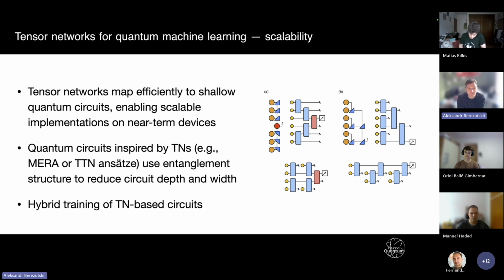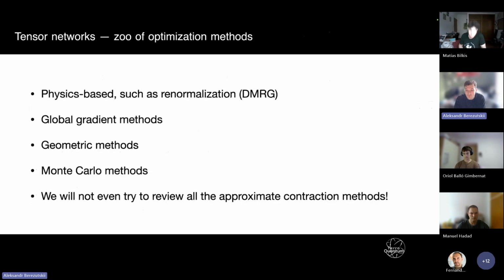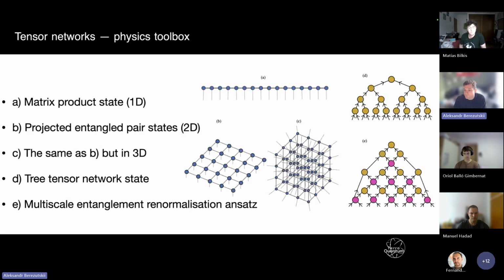For example, in one of my previous papers where we used tensor networks for simulation, we used this model, I'm sorry, I don't think you see it, it's close to E, the one with pink balls. It's called MERA, the multi-scale entanglement renormalization ansatz, and we used the autograd.